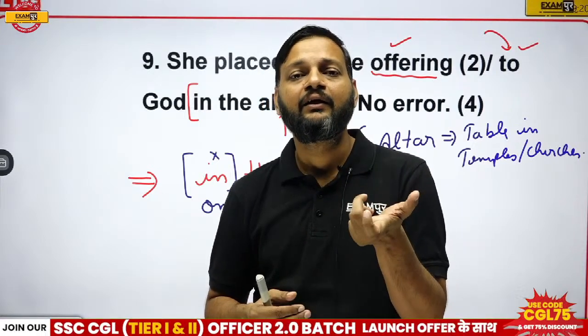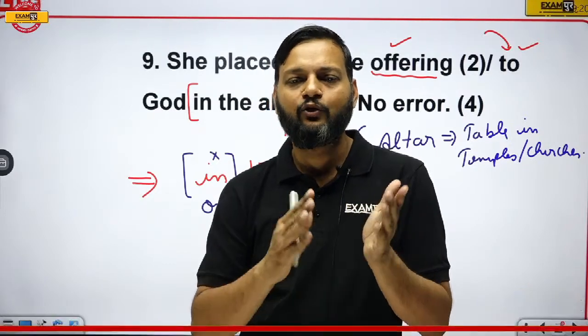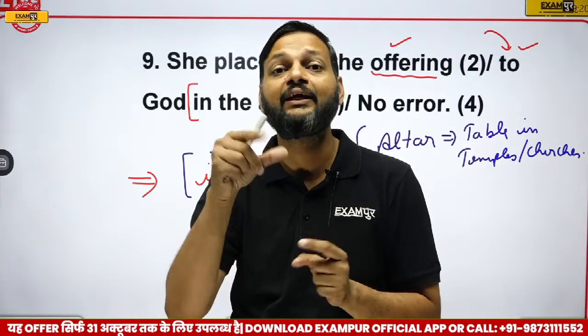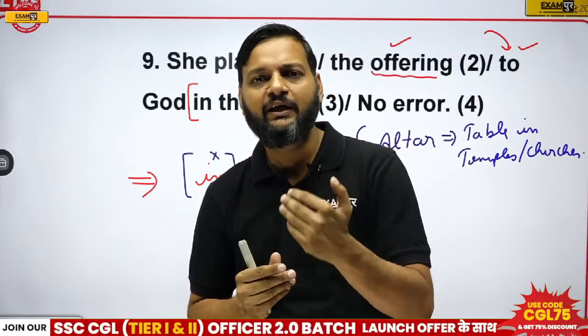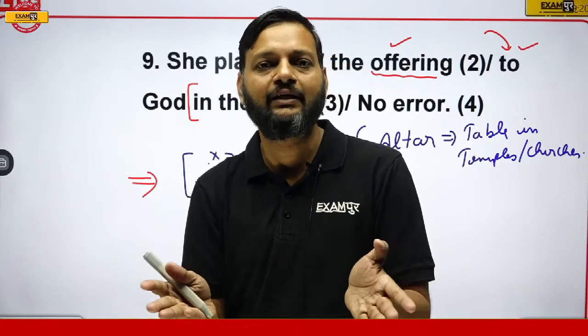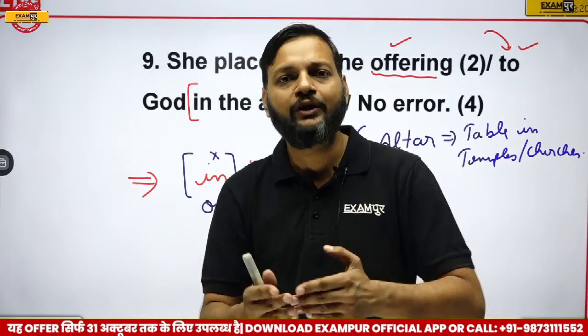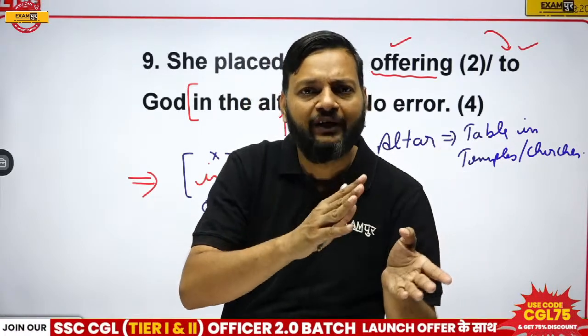In Hindi, altar is called Vedi. Okay, you must have heard this word in Hindi, Vedi. Okay, the table in front of God, or chauki, Vedi or chauki in Hindi we call it. Okay, so chauki in front of God is called altar. Okay, so altar is also a type of table.